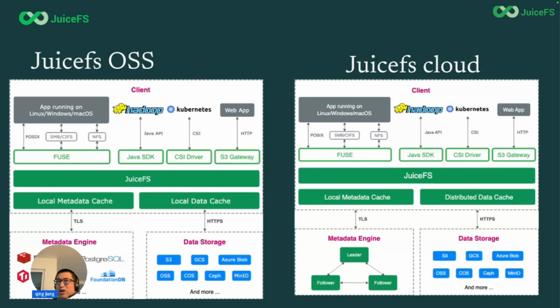And then all the members or clients in the same cache group can read from those caches. So it's much more efficient to share the cache between a large fleet of distributed workers in a typical machine learning workload. It's a very nice feature, and it's only available in the JuiceFS Cloud Edition, right?